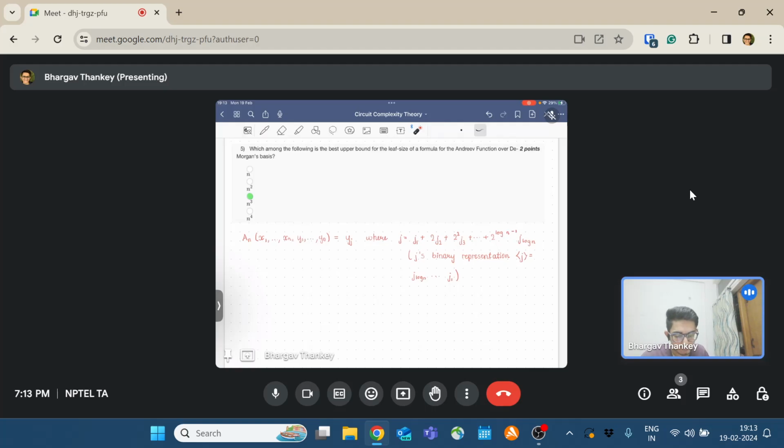What I'm saying is this is going to be yj, where j's binary representation is this string, and now I have to tell you how I have obtained this string. So far I have indexed into y. Now I have to tell you how I am finding this index string, j log n to j1.